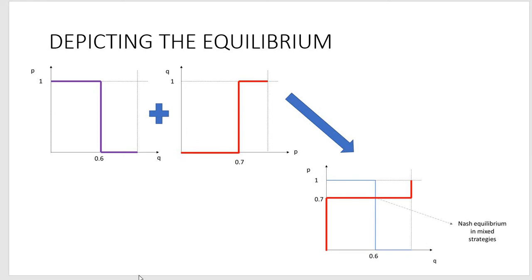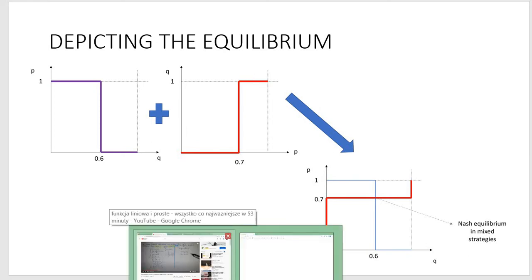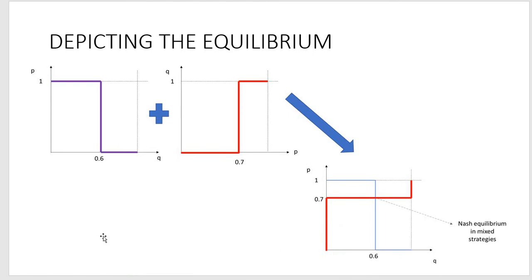How can you analyze this? So basically what you have to do is to depict these two functions on the same graph. So you just have to invert either the best response function of Evert or the best response function of Navratilova. So here we do this for Navratilova, and take a look. If p is between 0 and 0.7, this fragment of her best response function is just located on the p-axis.